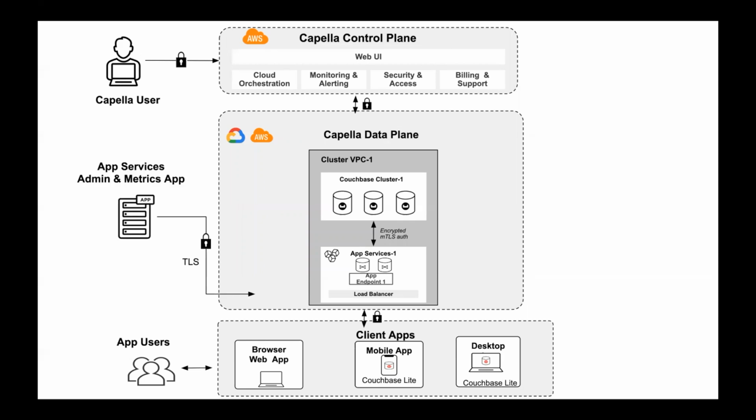It is possible to connect an admin or a metrics, a backend application to the app endpoint. So why is this useful? The admin API allows programmatic control over user administration. So the app users that you created through the Capella UI, you can also create through the secure admin API.